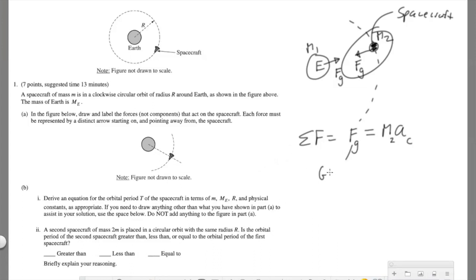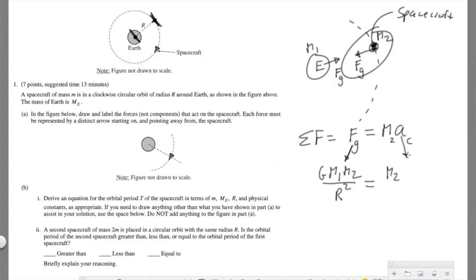So big G, m1, m2 over r squared, where r, and this could become important in other problems. Notice in this problem they defined r from center of Earth basically to center of spacecraft. R is always from center to center. All right, so that's that equation, and then we're plugging in m2.